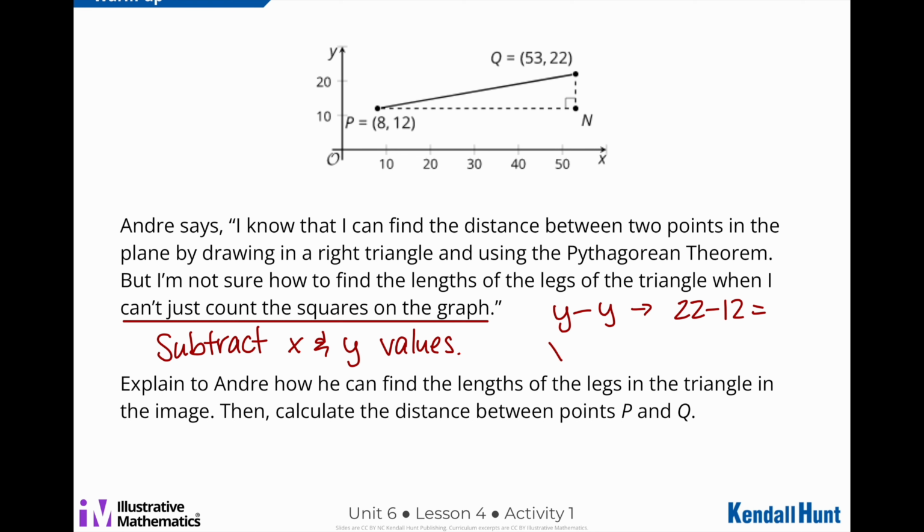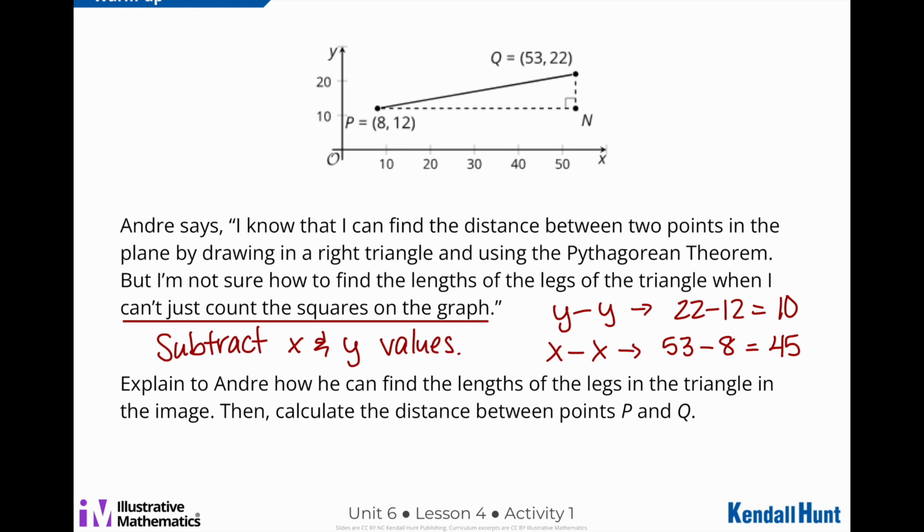And then x minus x, we're going to have 53 minus 8. So if you did the subtraction here, you would get the distance on y is 10, and the distance on x is 45.